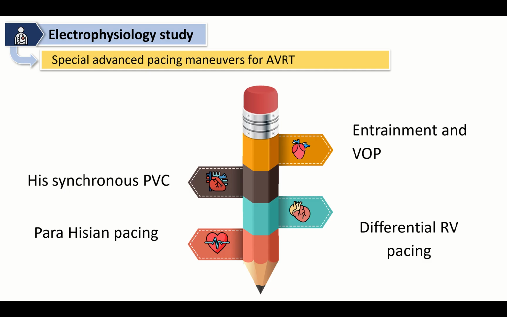We have four main maneuvers: overdrive pacing, asynchronous ventricular pacing, both of them to be used during tachycardia, differential RV pacing, and para-Hisian pacing, to discriminate between all types of SVT.